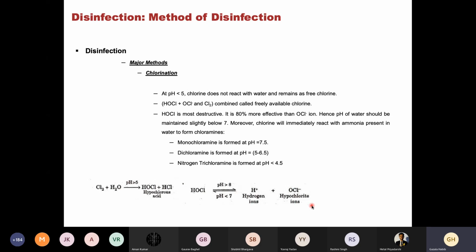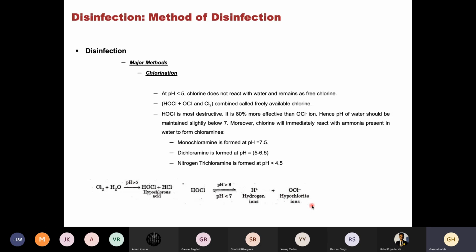It is much more destructive than the OCl minus ion. Okay, so the reaction is given below, and at certain pH, if ammonia is also present there, then chloramines will also form.